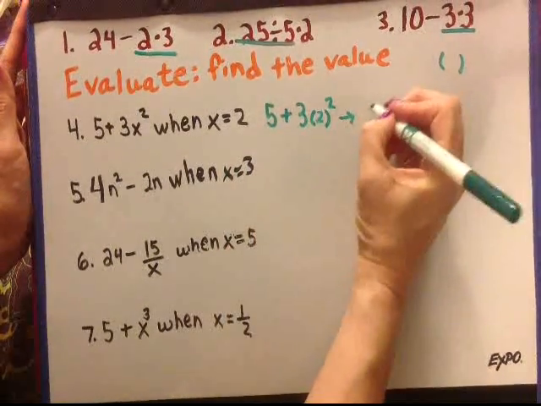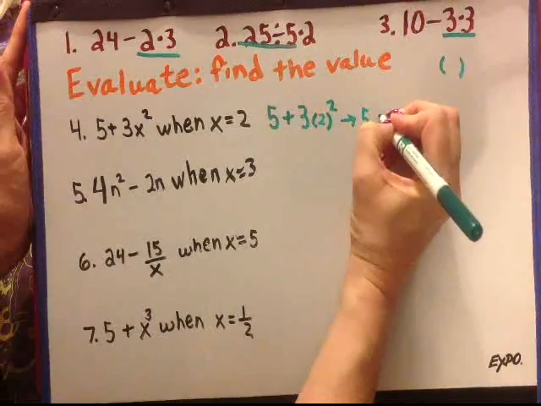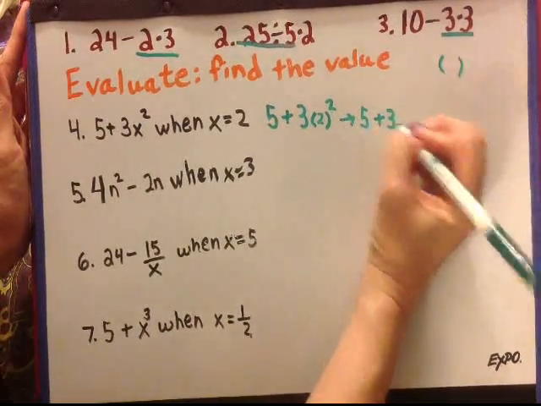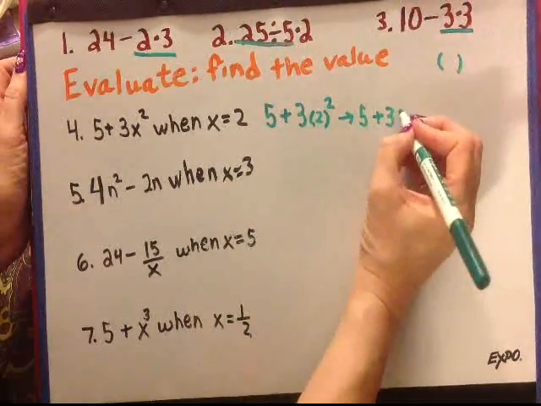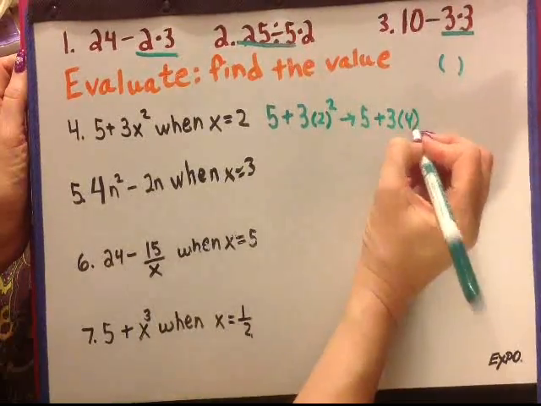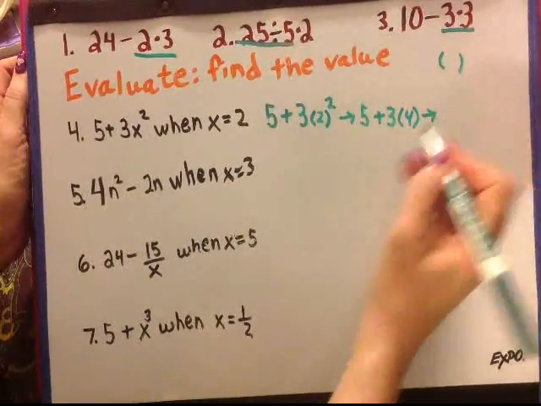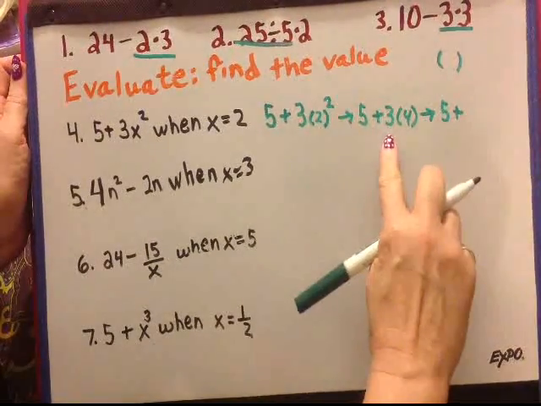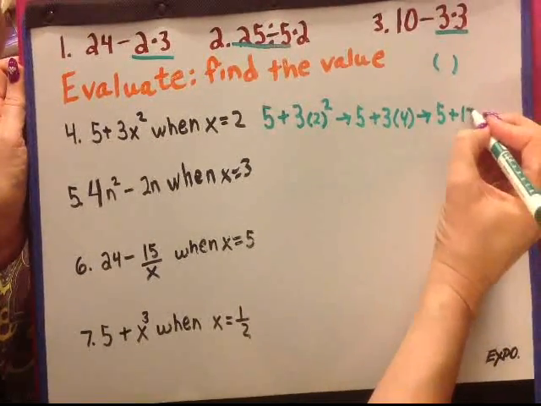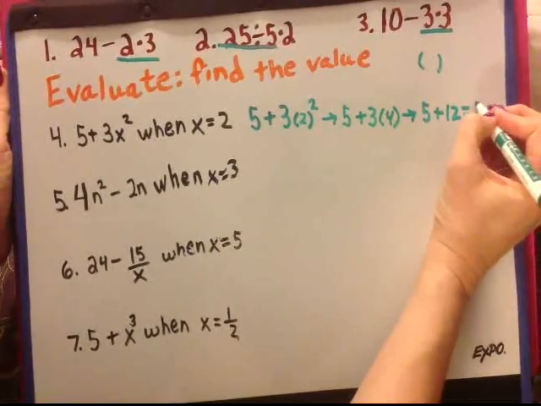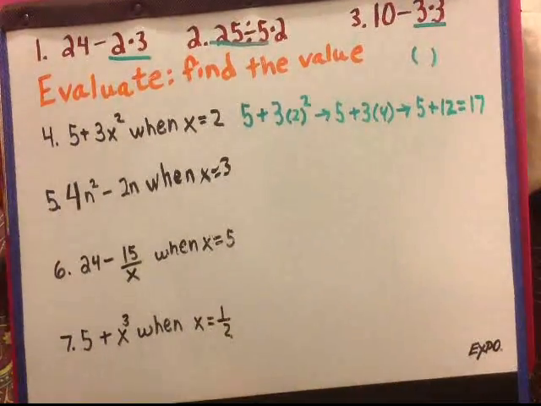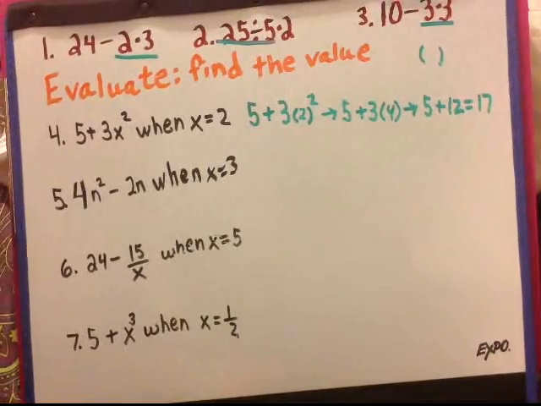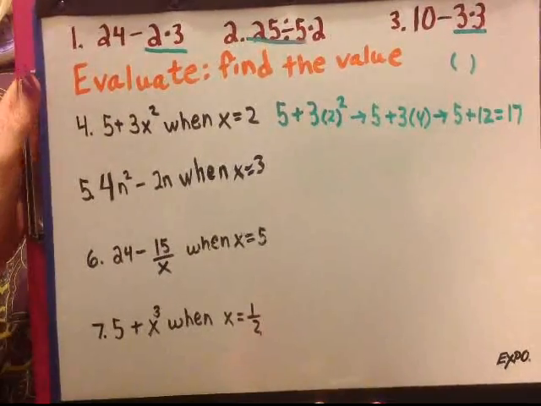We bring over our 5 and our 3, and 2 squared is 4. So now we have 5 plus 3 times 4 is 12, and that whole thing equals 17. Yay!